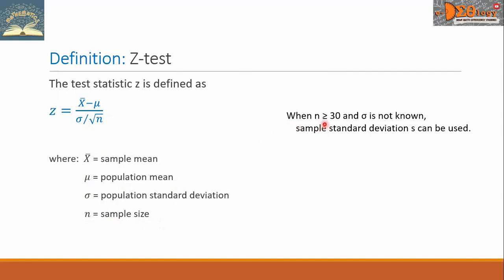When n is greater than or equal to 30 and sigma is not known, sample standard deviation S can be used. So the formula will be like this: Z equals x bar minus mu all over S divided by the square root of n.